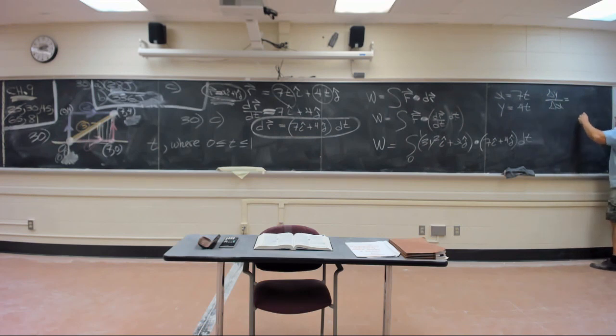Delta y would be 7t2 minus 7t1. You start at t1, you end at t2. The other guy is 4t2 minus 4t1. That's 7 times the quantity t2 minus t1, over 4 times the quantity t2 minus t1. The difference here is delta t, and the difference here is still delta t.